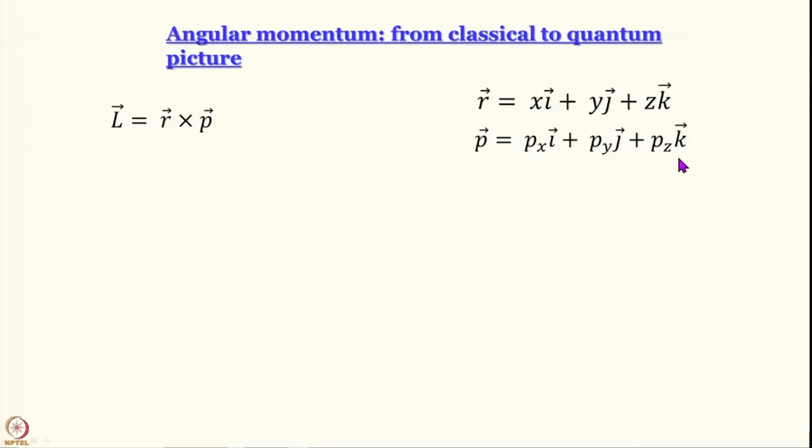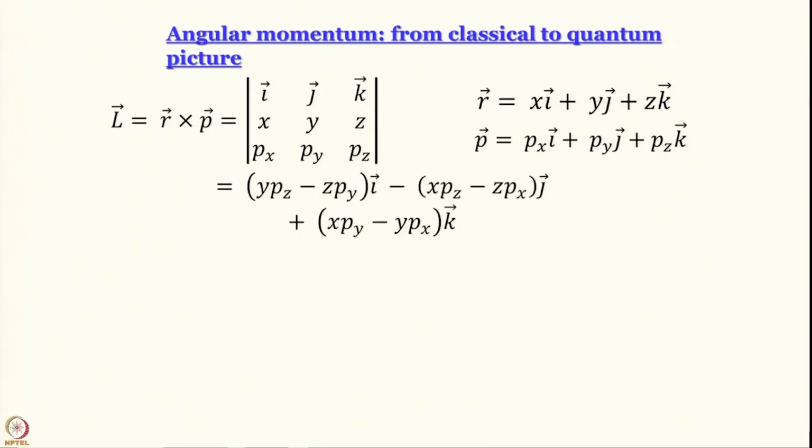Now, when you take a cross product, you can write it as a determinant, with i, j, k in the first row, x, y, z as the second row and px, py, pz as the third row.